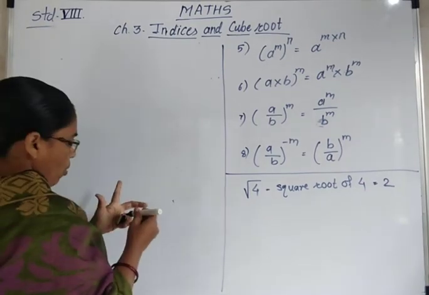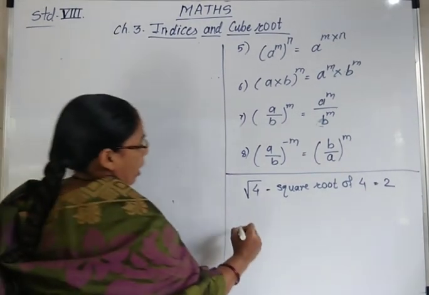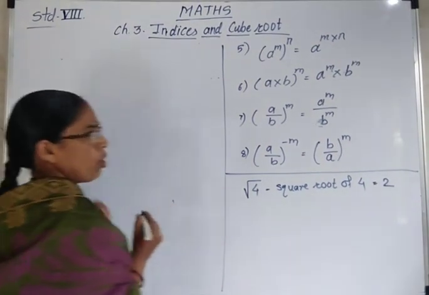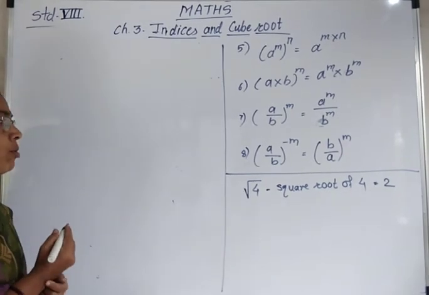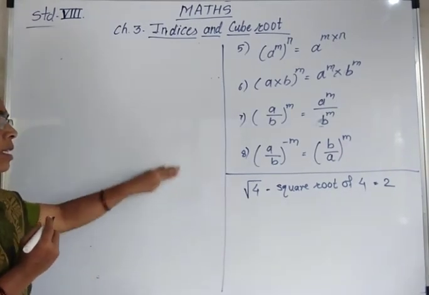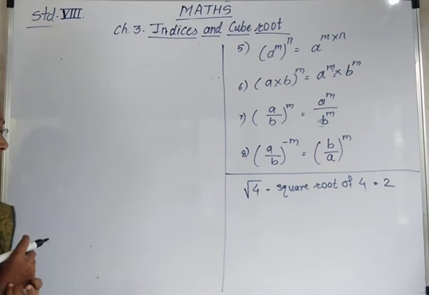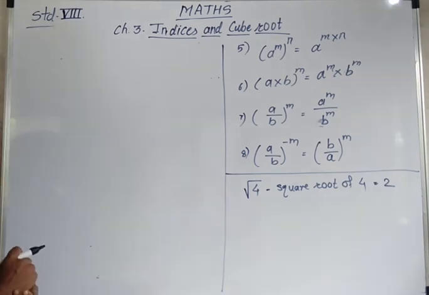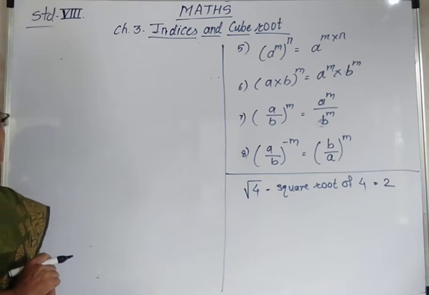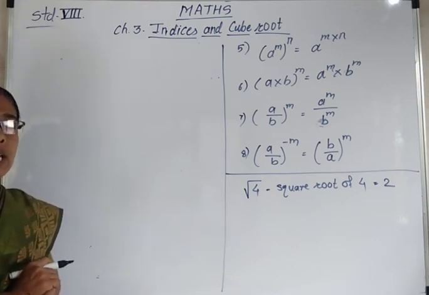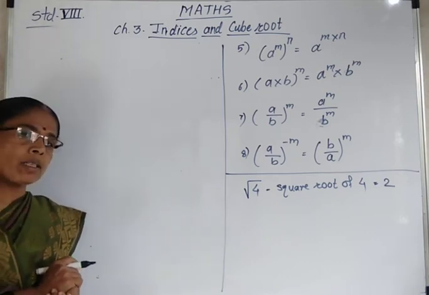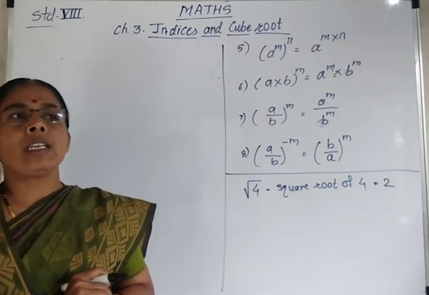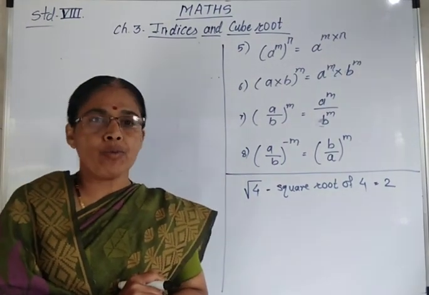Square root of 4, and if there is a cube root of any number, cube means 3. So how can we write the cube root of this number using numerals? This part only we will learn, and for that we have to use rational numbers. Rational numbers means numbers in the form p upon q.